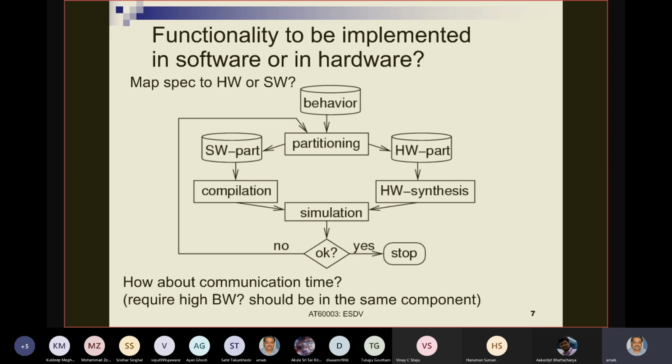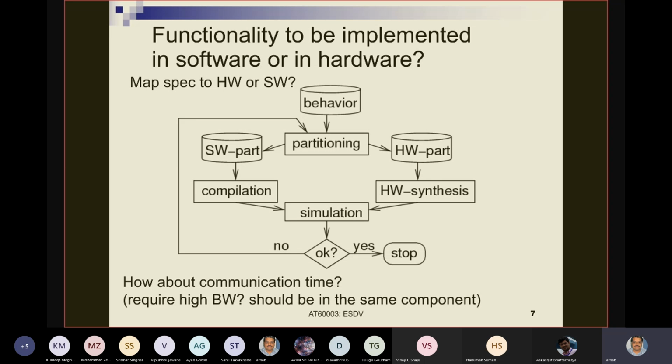And hence, based on performance requirements and constraints, you may need to execute some of your tasks in your task graph in hardware, some in software, and some in a mix. You can have different types of processors on which your software code can execute.